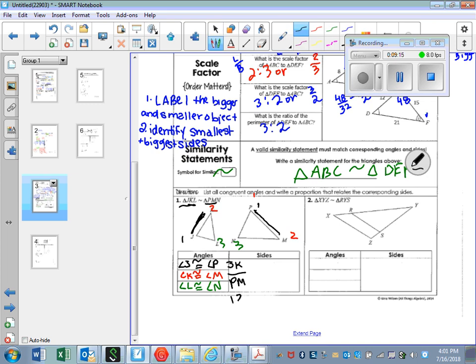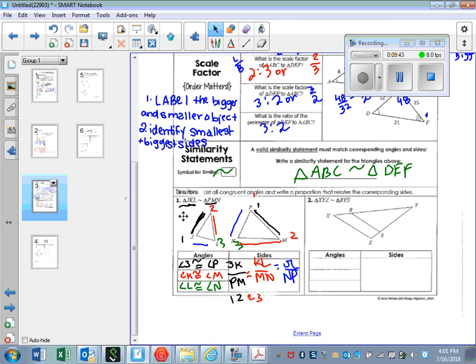So this is 1, 2, and then from 2 to 3, I have KL over MN. And then my last part, 3 to 1, I have JL over NP.